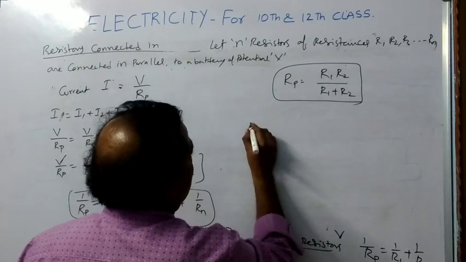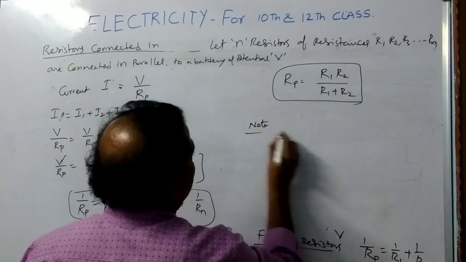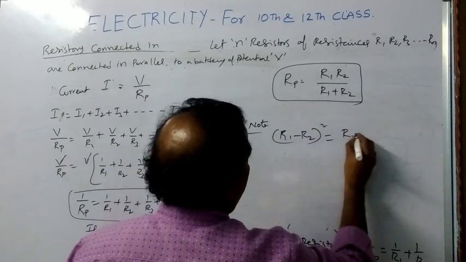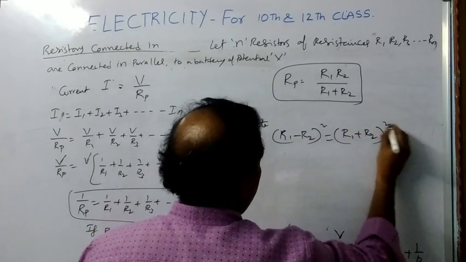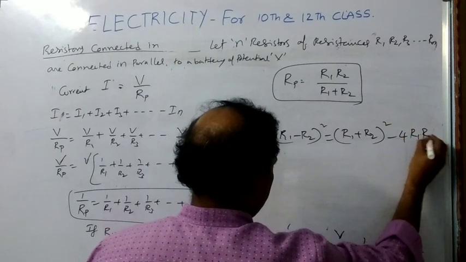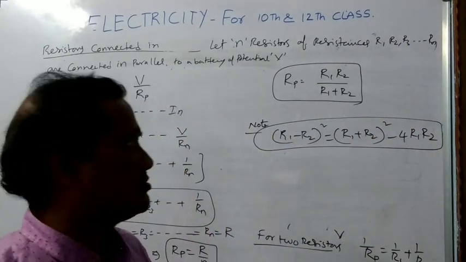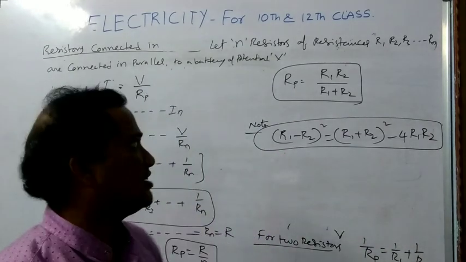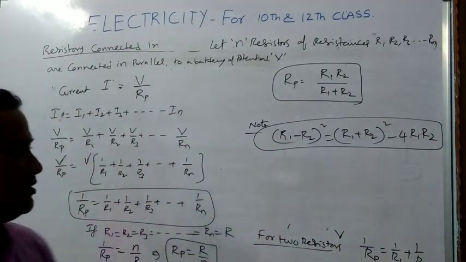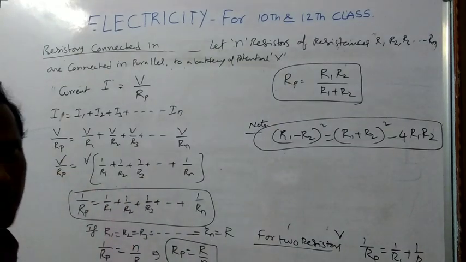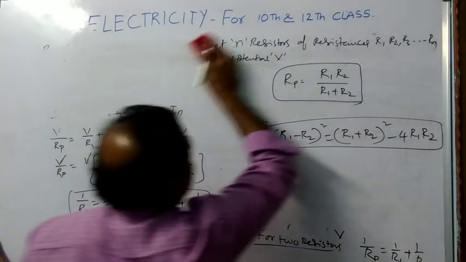That means, put it in your notes: R1 minus R2 whole square is equal to R1 plus R2 whole square minus 4 R1 R2. This is an important formula while doing the problems. Okay, this is about resistors connected in parallel. Previously, resistors connected in series. So we can do some problems related to this.